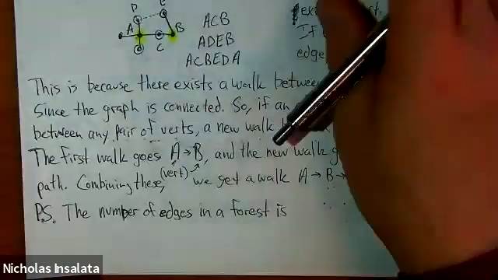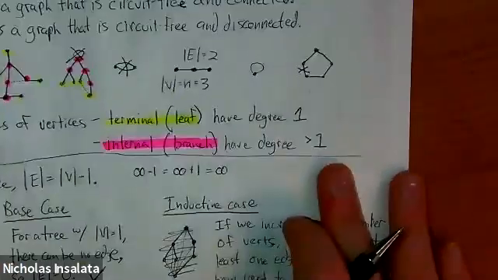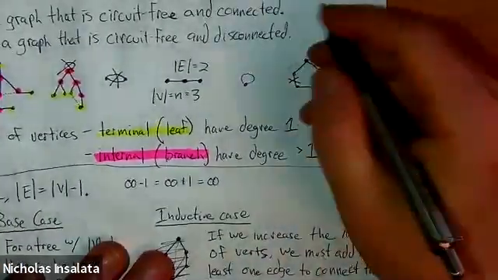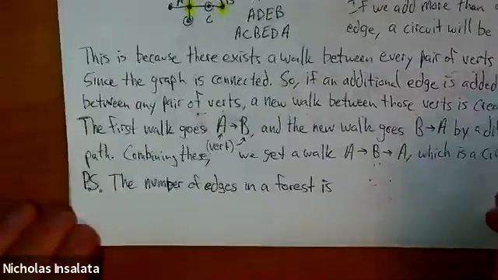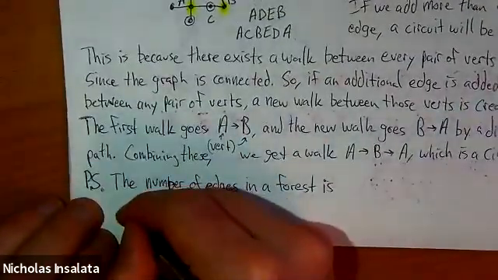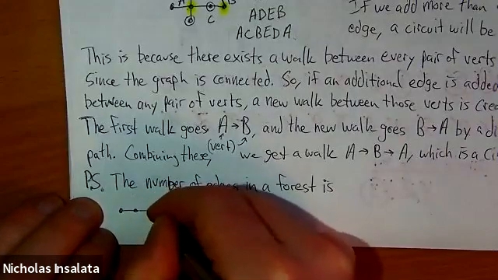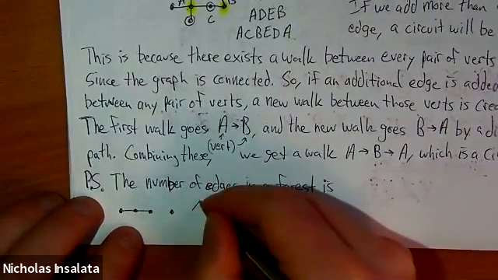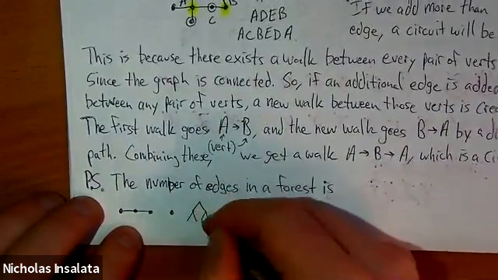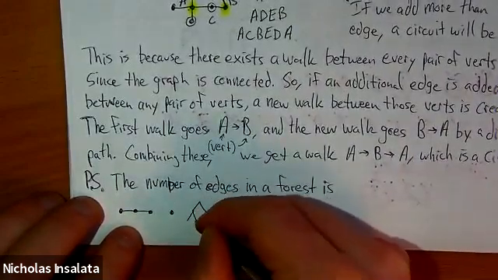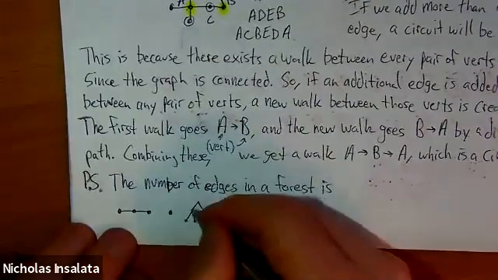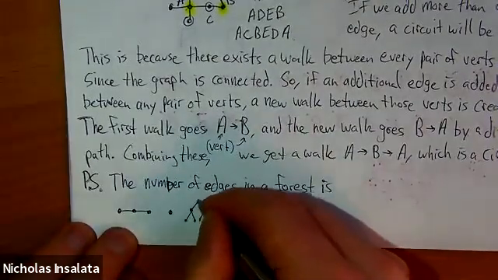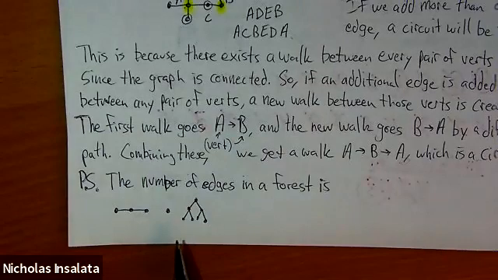So let's do an example, right? Let's say we have a little forest up here. I guess I've run out of room, so I'll just do it down here. Here's my little forest. I've got this guy, I've got a single vertex, and I've got this little binary tree. That's a good forest. We'll start with that. Let's count the number of vertices and the number of edges and see if we can come out with a formula.